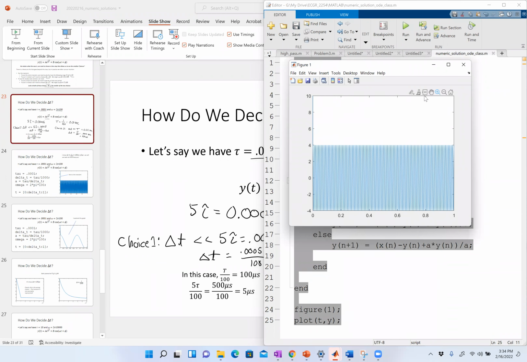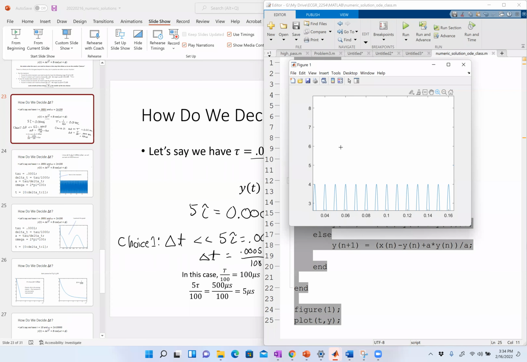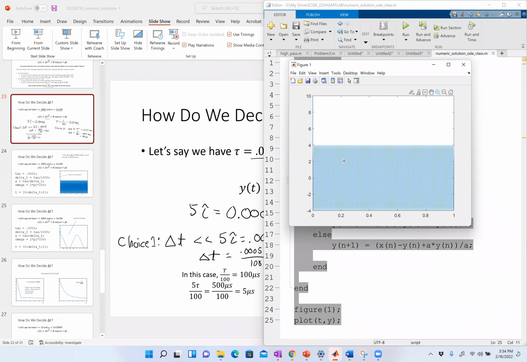Now, if I look at this, it doesn't look that bad initially, but if I zoom in and look carefully at this, there's a big difference actually.